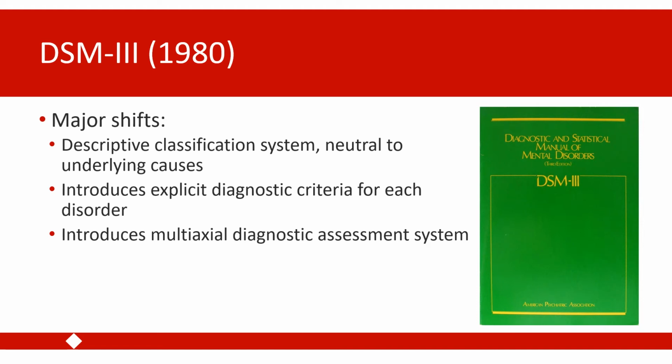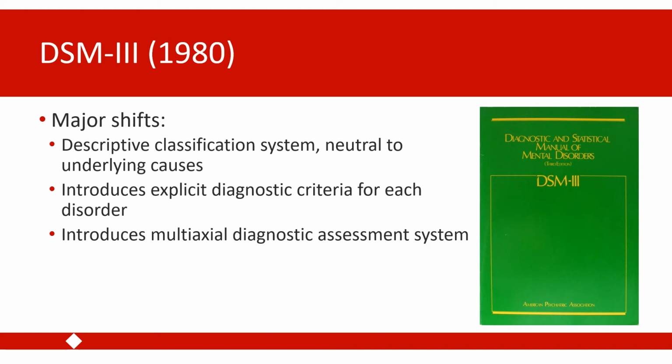Mood disorders such as major depressive disorder or bipolar disorder, anxiety disorders, trauma-related disorder, obsessive compulsive disorder. All of those diagnoses would be classified on axis 1. On axis 2, the DSM classified what was then known as mental retardation and also the personality disorders.